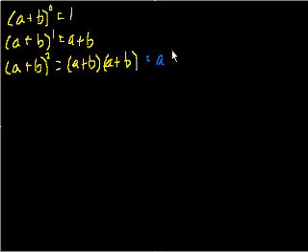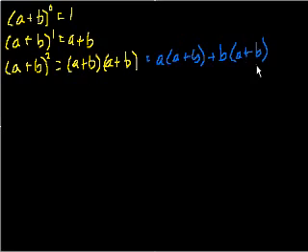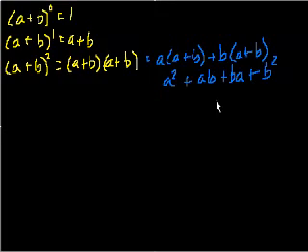That equals a times a plus b, plus b times a plus b, which is equal to a squared plus ab plus ba plus b squared, which is equal to a squared plus 2ab plus b squared. That should be a bit of a review for you.